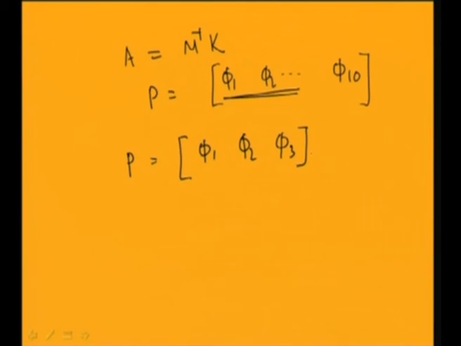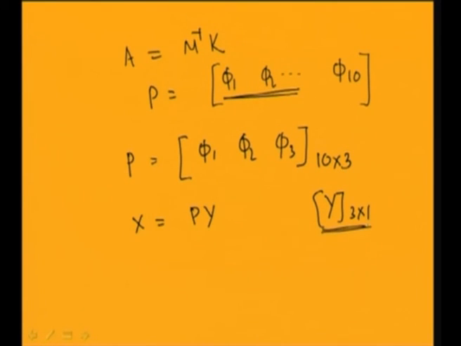Now by using x equal to P y, where P equals phi 1, phi 2, phi 3, P is a 10 by 3 matrix, so 10 rows and 3 columns. So y will be a 3 by 1 vector.